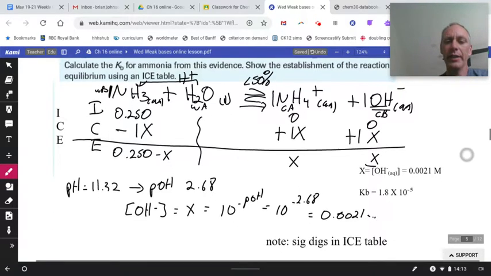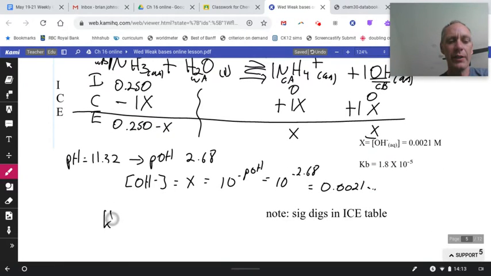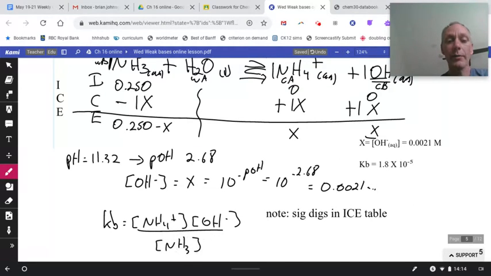Now to calculate the Kb value, we write out our equilibrium expression. Kb is equal to the concentration of products over reactants. These are equilibrium concentrations, and we have these values because we have x.